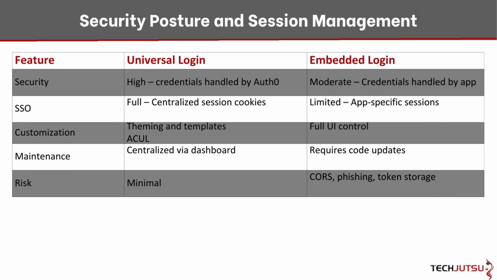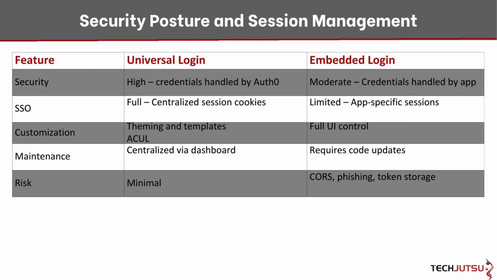When comparing universal login and embedded login, security and session management emerge as critical differentiators. Universal login provides a strong security posture by isolating credential handling within Auth0's hosted environment, reducing the risk of data breaches and phishing attacks. It also simplifies compliance with standards like OAuth 2.0 and OpenID Connect, ensuring robust token management. Session management is centralized, enabling seamless SSO across multiple applications without requiring repeated logins.